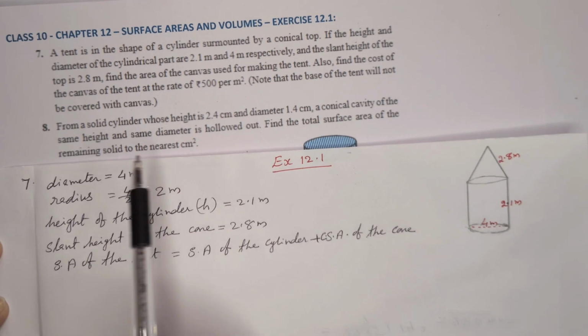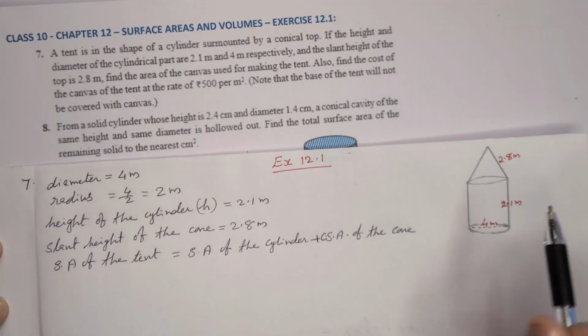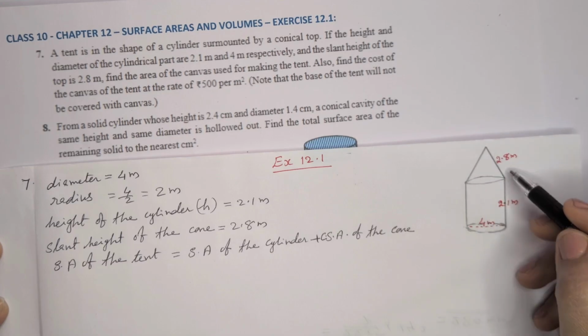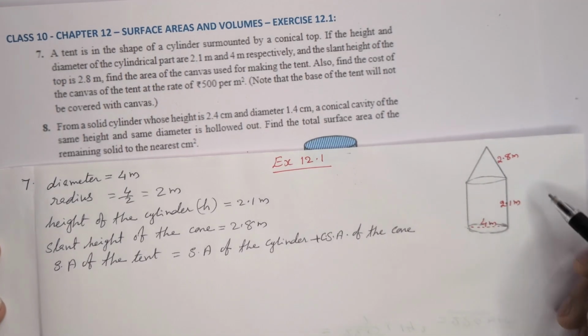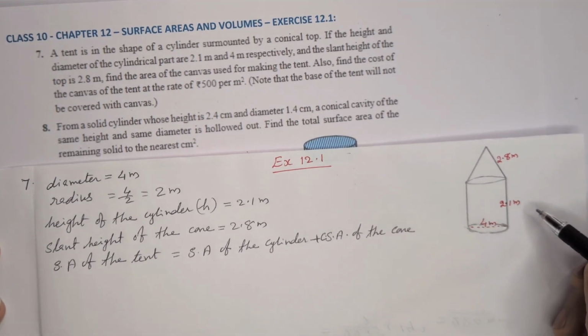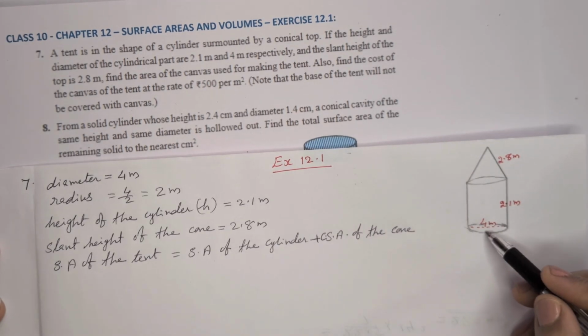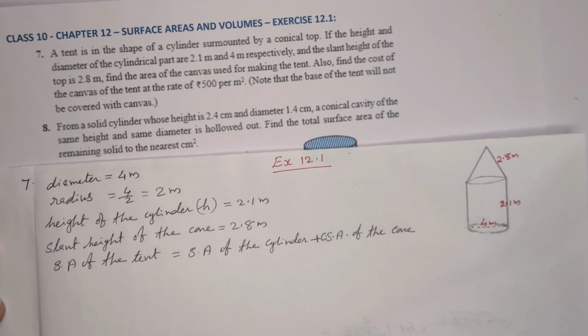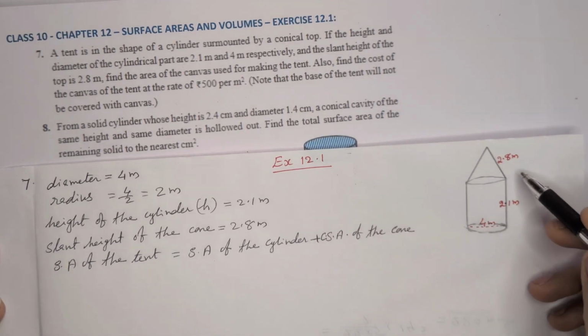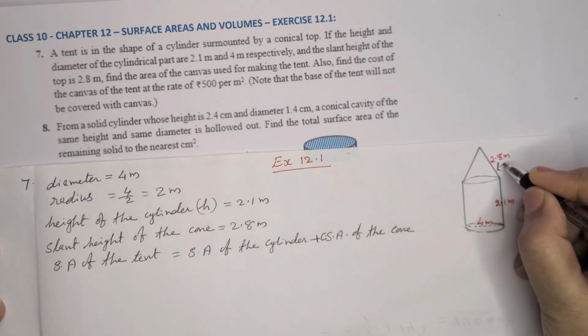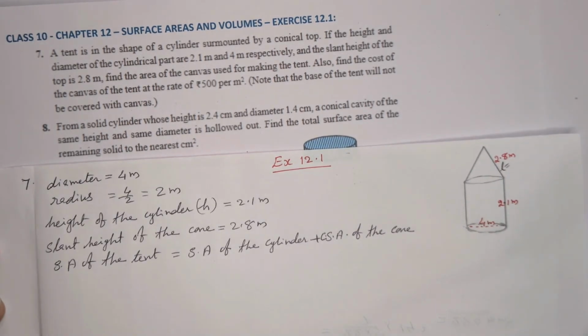Question number 7. A tent is in the shape of a cylinder surmounted by a conical top. If the height and diameter of the cylindrical part are 2.1 meter height and 4 meter diameter, and the slant height of the top, slant height L, is equal to 2.8 meter.